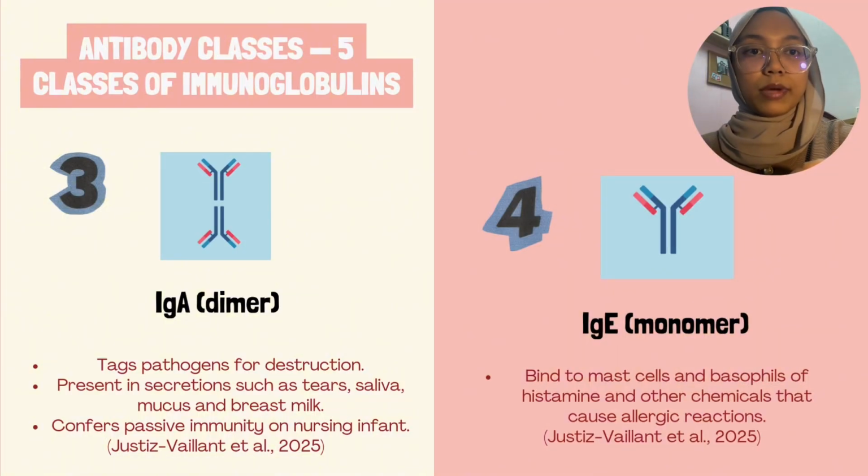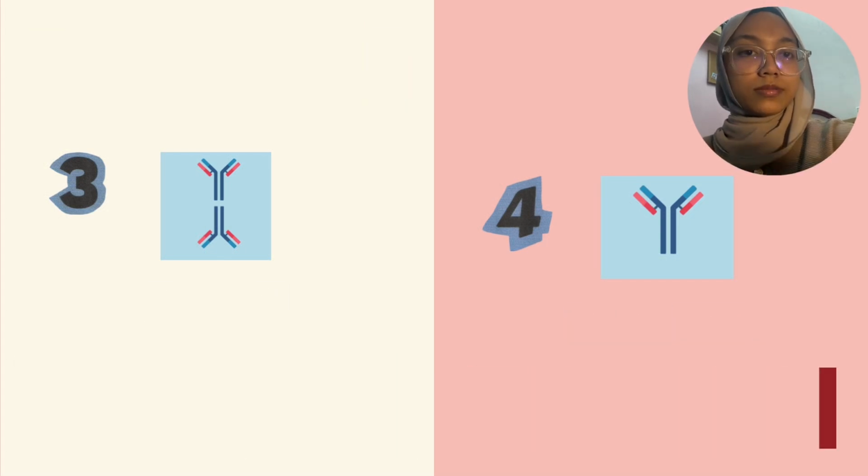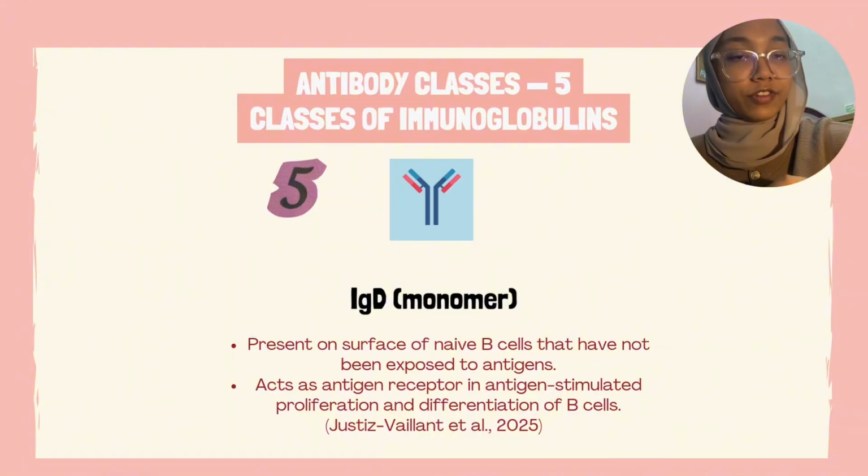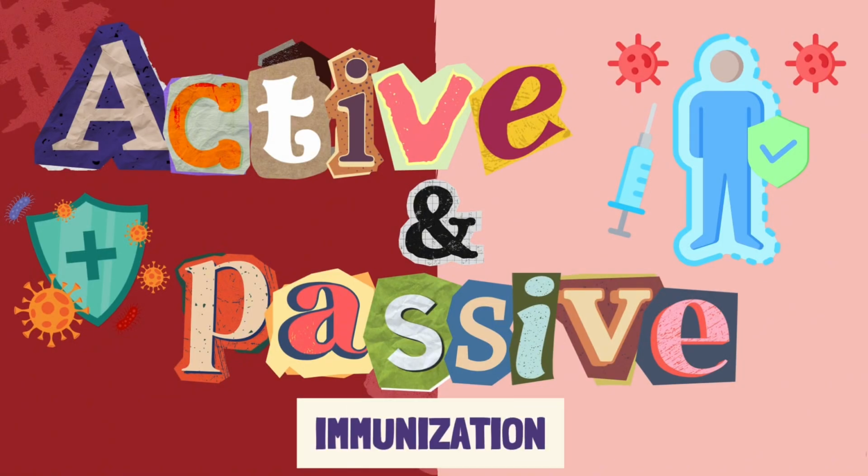Immunoglobulin E binds to mast cells and basophils, triggering release of histamine and other chemicals that can cause allergic reactions. And last but not least, we have immunoglobulin D, which is a monomer. Immunoglobulin D is present on the surface of naive B cells that have not been exposed to antigens. It acts as an antigen receptor in antigen-stimulated proliferation and also differentiation of B cells.